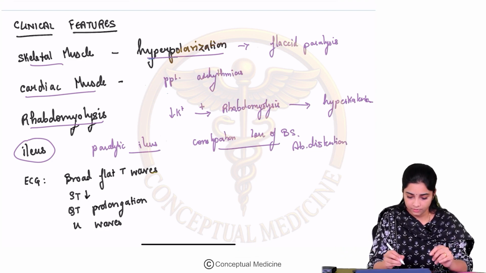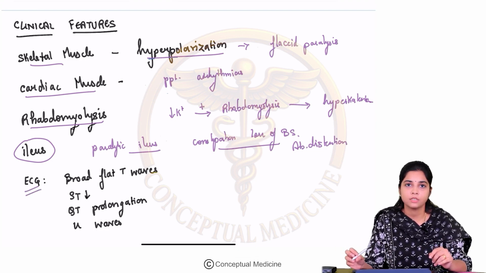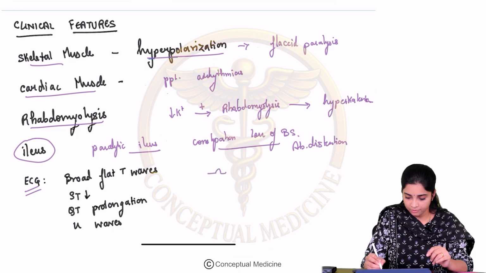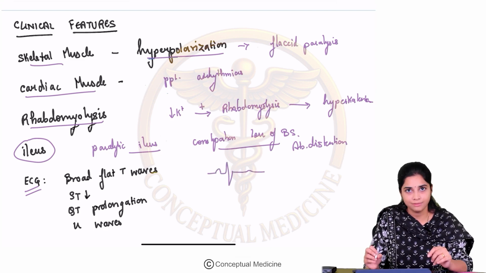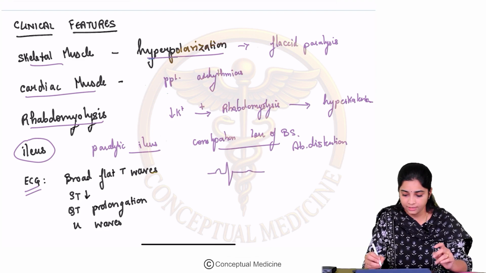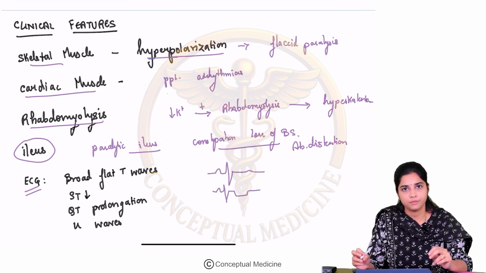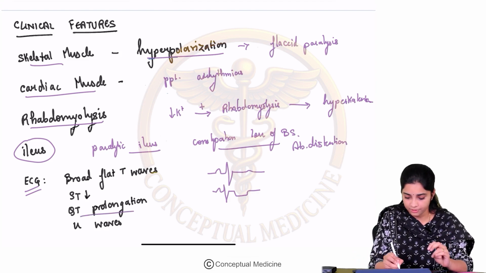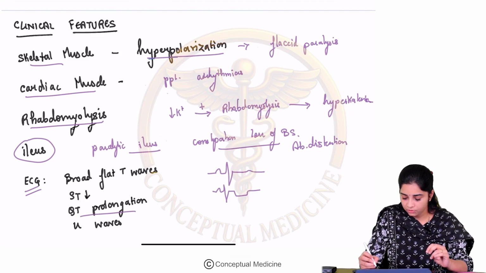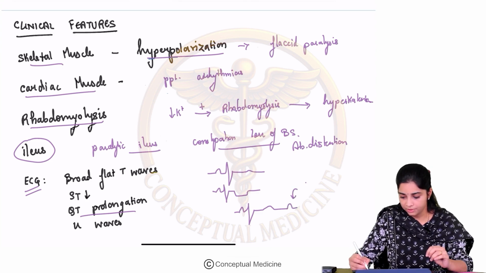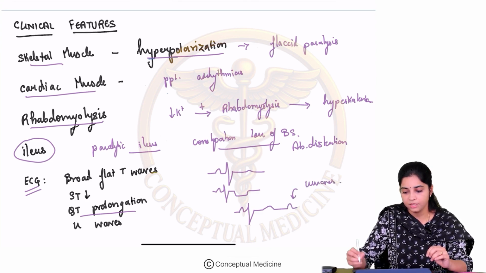Okay, fine. What are the ECG changes of hypokalemia? You can have broad and flat T waves. So that is the first change, flattening of T waves. Then you can have ST segment depression. Over the course of time, you can have QT prolongation, followed by the appearance of U waves.